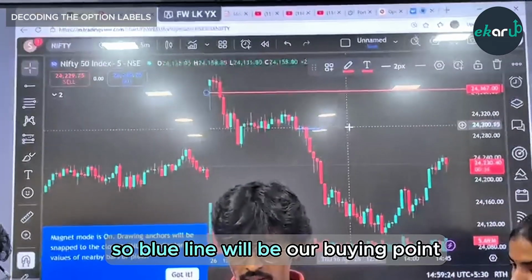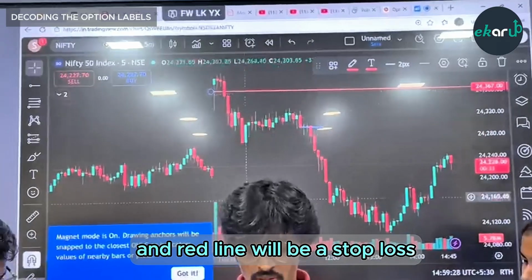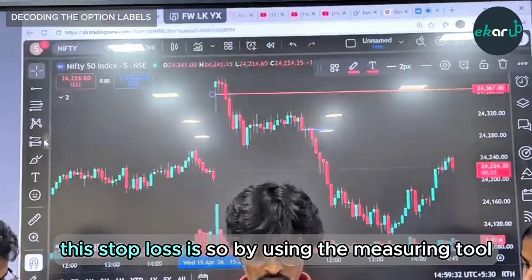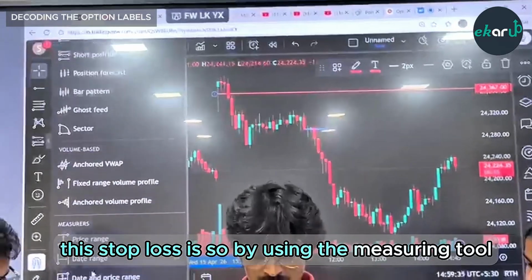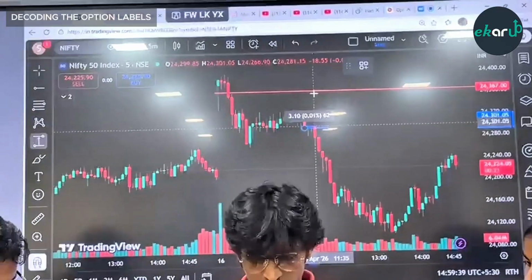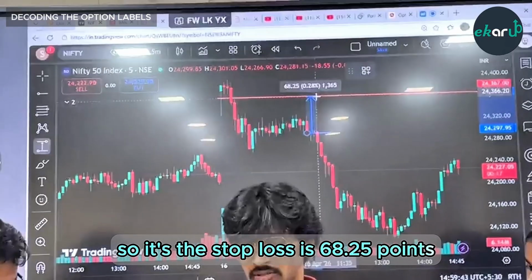So the blue line will be our buying point and the red line will be our stop loss. Now we need to measure exactly how many points this stop loss is. By using the price range measuring tool, we can measure this. So the stop loss is 68.25 points.